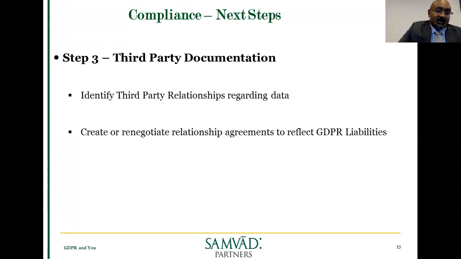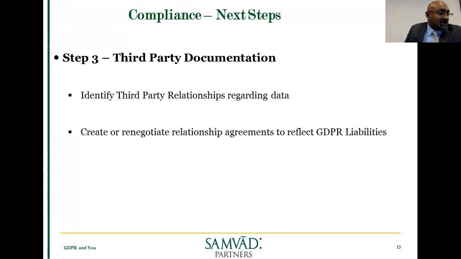So finally, the next step is involving third-party documentation. The important thing to do is identify third-party relationships which involve the data. First, you identify whether you have a relationship with a controller or a sub-processor. Identify the relationship. Okay, so the next step after that is to create or renegotiate the relationship agreements to reflect their GDPR liabilities.